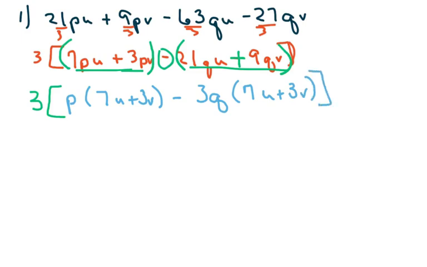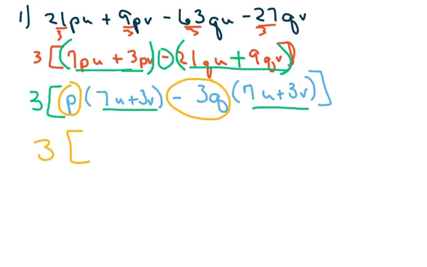Now, factoring by grouping, the main thing you have to have is that these two quantities are the same. Then we group these two together, and we have P minus 3Q times 7U plus 3V.